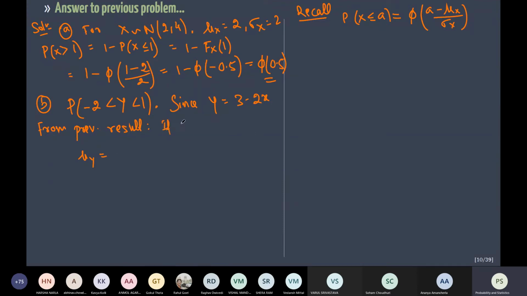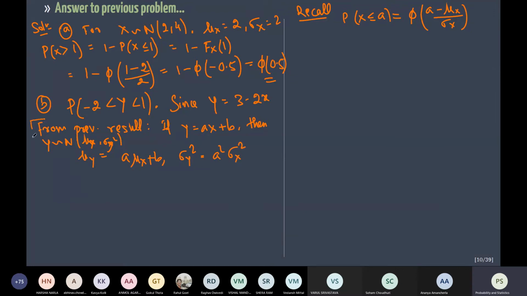If y is of the form ax plus b, then y is normal with mu y and sigma y squared, where mu y is given by a mu x plus b, and sigma y squared is given by a squared sigma x squared.